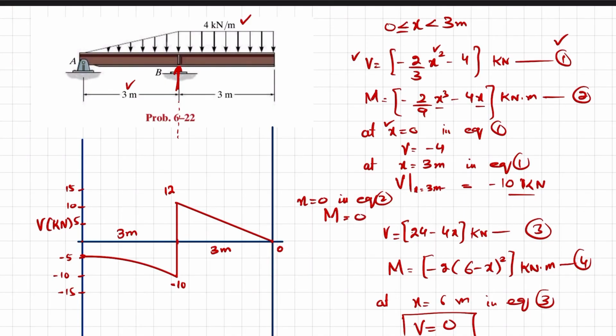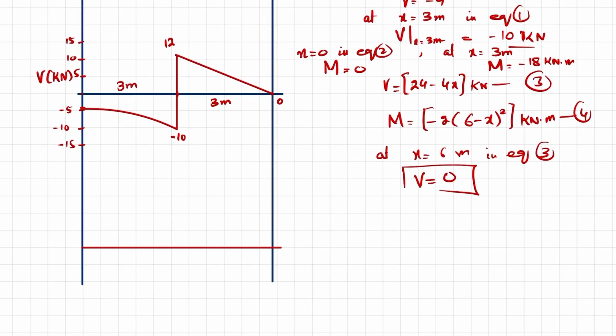Similarly, at x is equal to 3 meter, when you put it in equation 2, it will be minus 18 kilonewton into meter. So you can plot it.